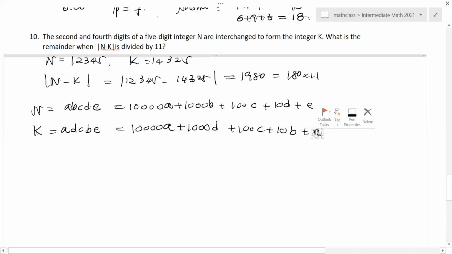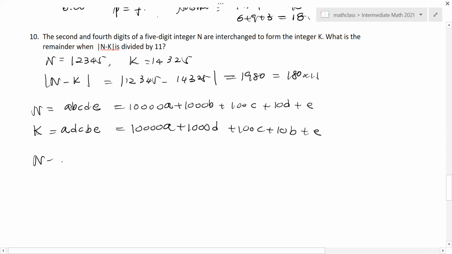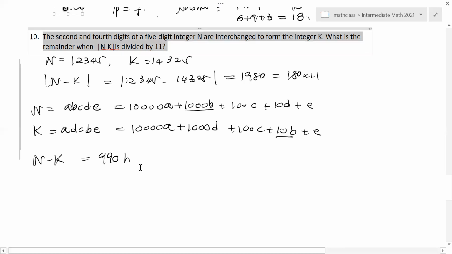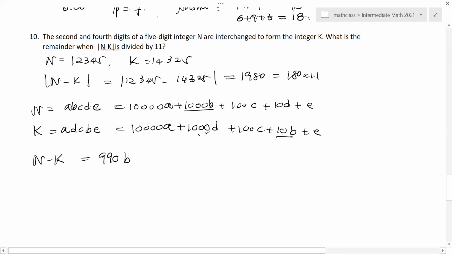Now when you look at the difference, A is gone, and C is also gone, E is gone. So what you get here is you only have these two. So 1,000 minus 10 is going to be 990. Then 1,000 minus D, yeah, that's what you get.